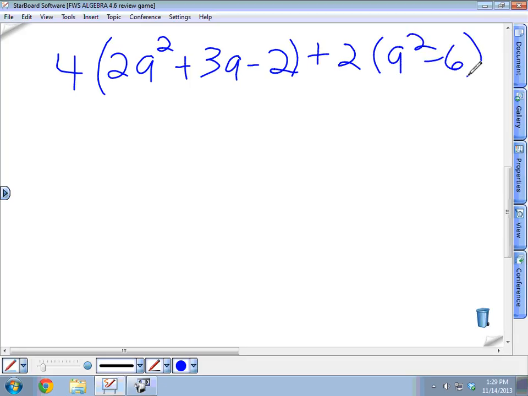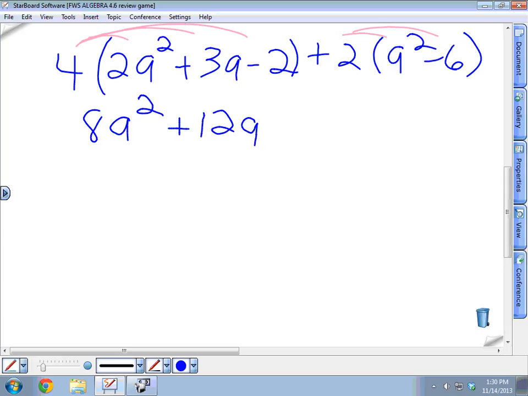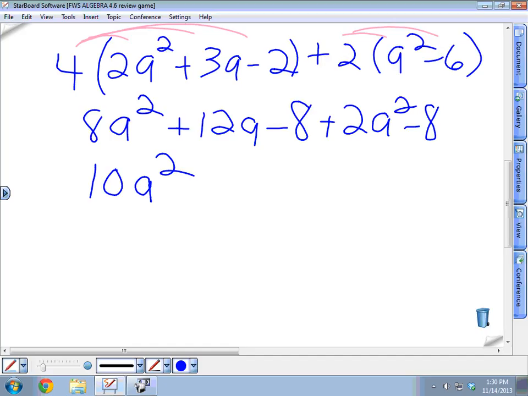Notice here that you have to use the distributive property in order to simplify this. 4 times 2 is 8a squared plus 12a minus 8 plus 2a squared minus 8. Okay? And then you can simply combine. 8 plus 2 is 10a squared and plus 12a minus 16.